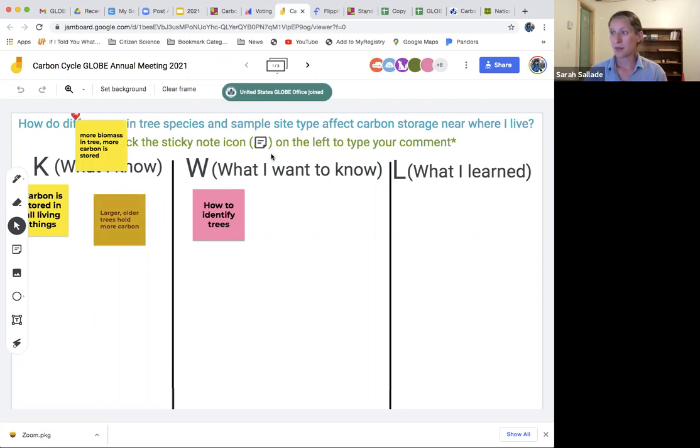Well, good. I'm seeing people enter some ideas, and then you can drag those sticky notes wherever you want to put them.